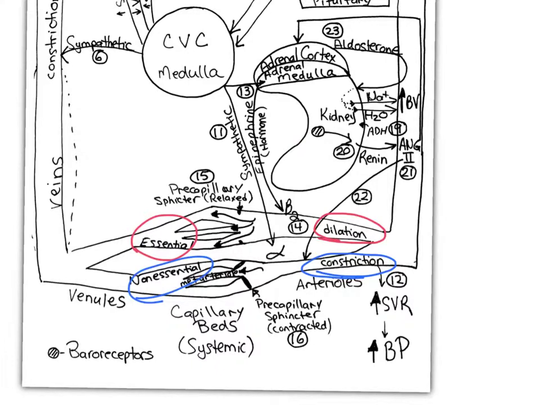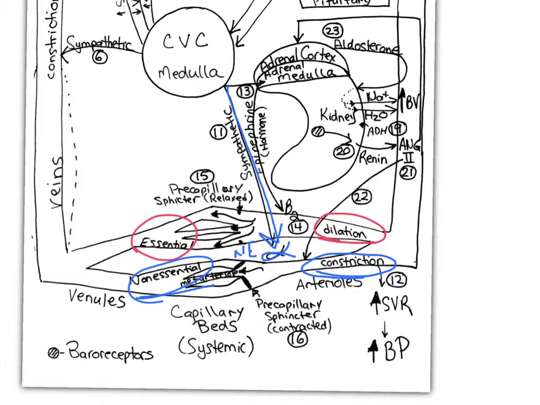So let's just take a look at what that input is, the efferent signals coming to these effectors, the arterioles. So the sympathetic nervous system is going to be sending out an efferent signal to the non-essential arterioles via alpha receptors responding to norepinephrine, causing vasoconstriction.